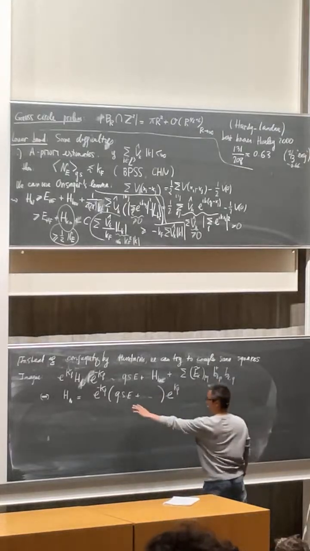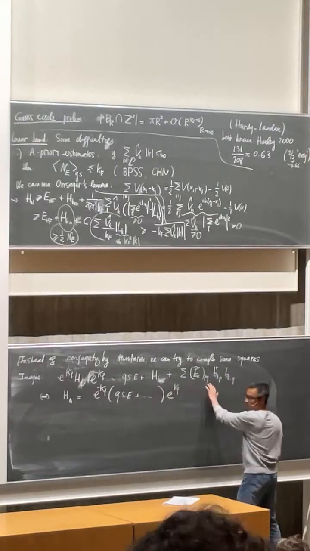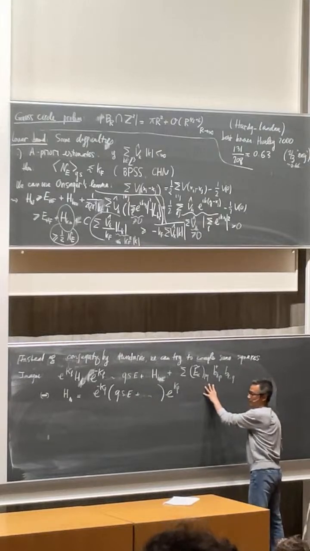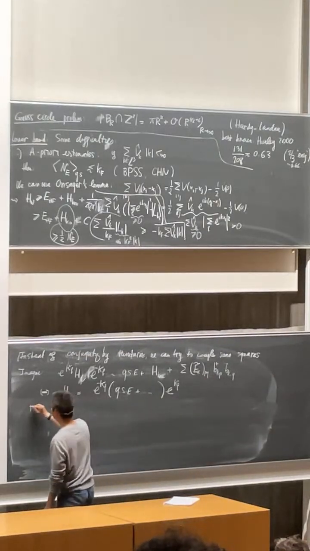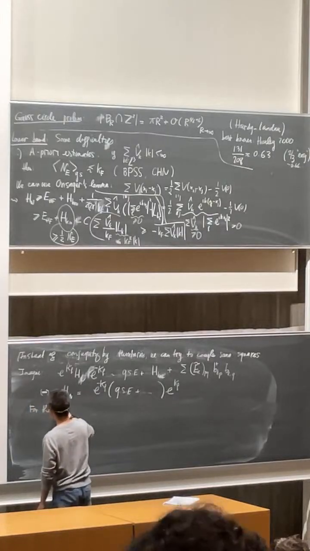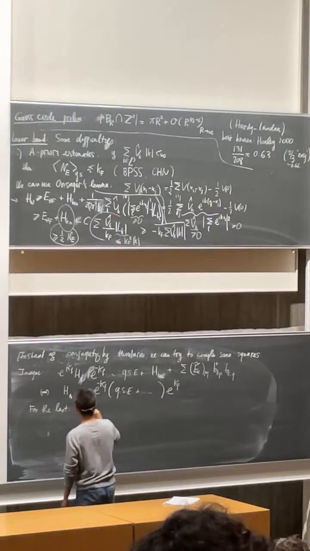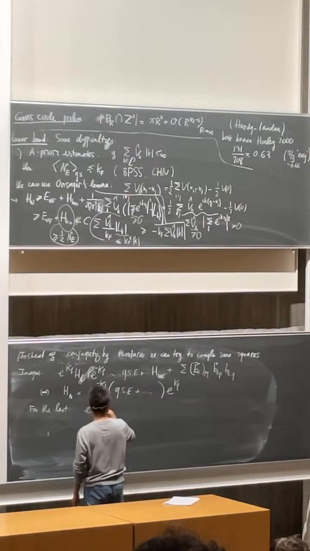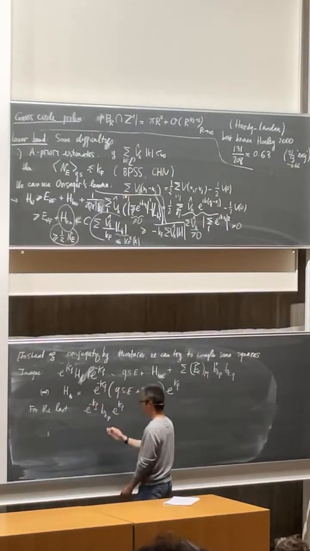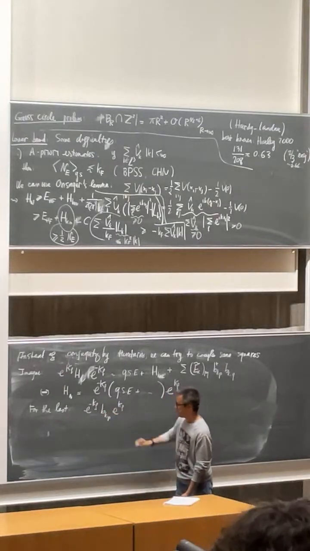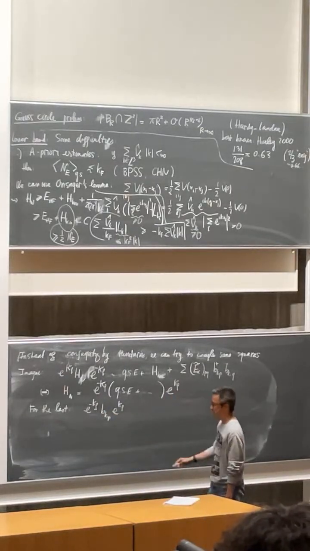Okay, so the first one we don't need to care about. For the next two terms, we need to sit down and work on this part. The last term is actually easy. For the last term, when you see e to the minus KF applied to the B operator and e to the KF, if you really believe that B is a bosonic operator, you know how to calculate this one.